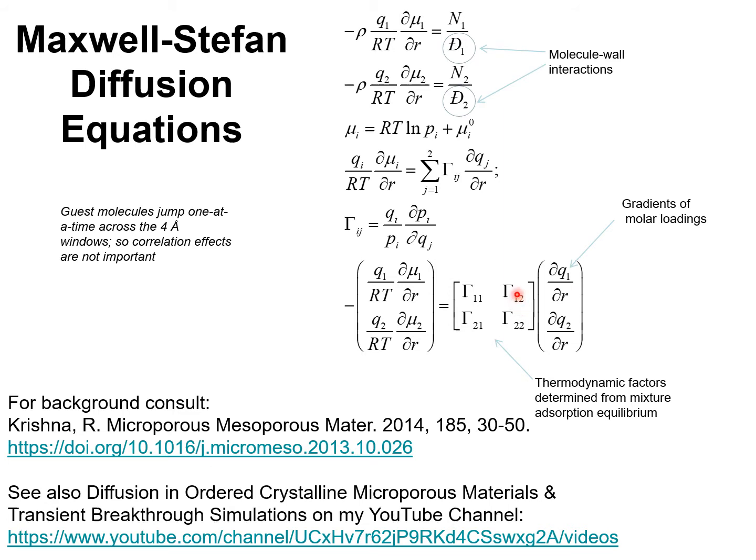However, due to the presence of these cross coefficients, the chemical potential gradient of any component is dictated not only by the gradient of the molar loading of component 1, but also the gradient of the molar loading of component 2. Put another way, the presence of these off-diagonal elements leads to thermodynamic coupling, in which the driving force of component 1 is related to the molar gradients of both components 1 and 2.